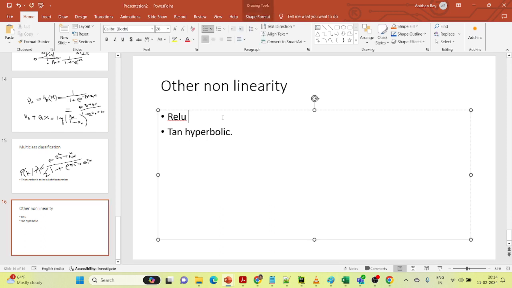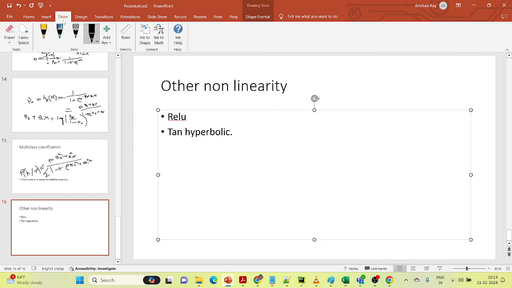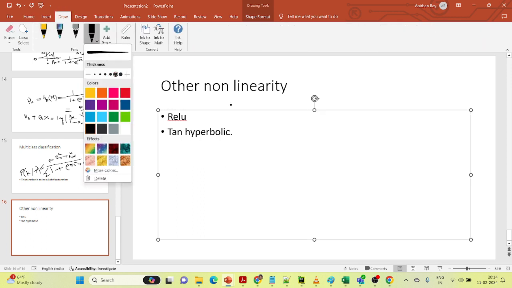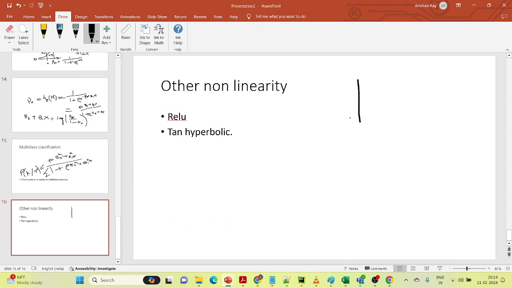As I said, ReLU. So ReLU is like this. For values less than or equal to 0, it gives 0, and for higher values it is like kx.